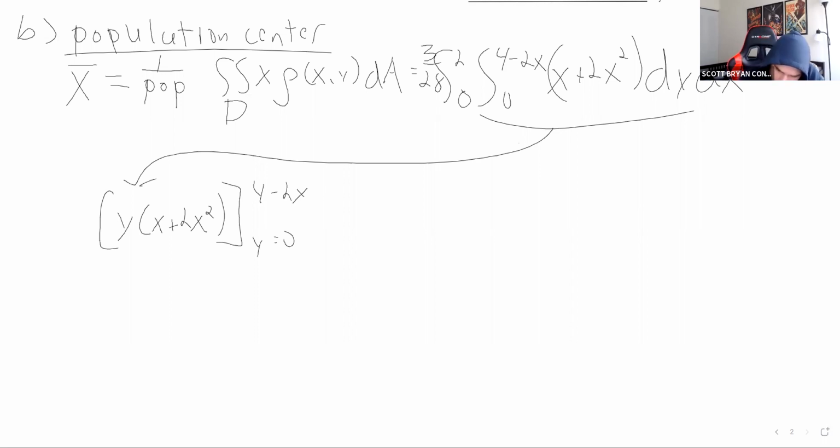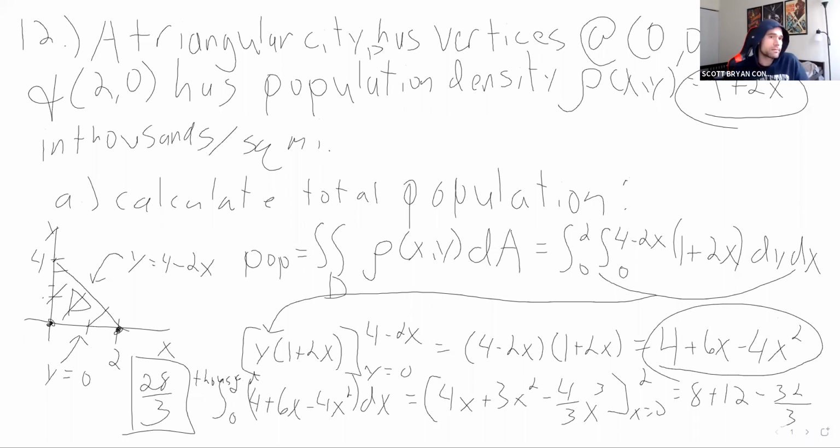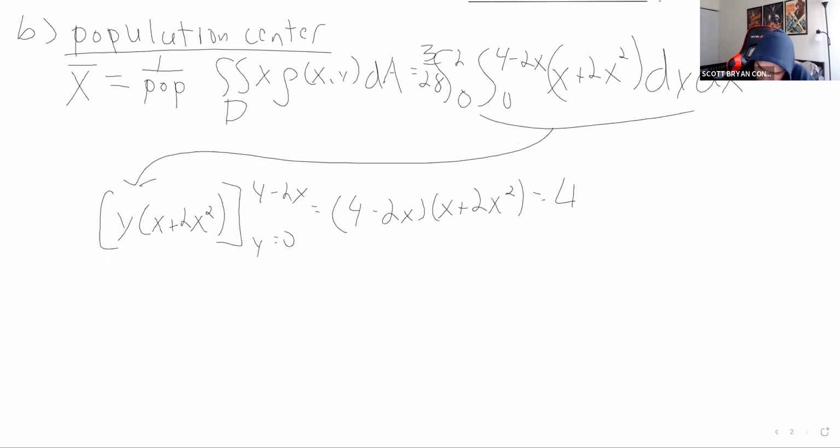And so we get 4 minus 2x times x plus 2x squared. So we get the same thing as we got over here, except multiplied by x, essentially. So we get 4x plus 6x squared minus 4x cubed.